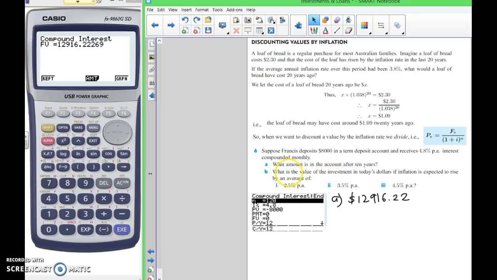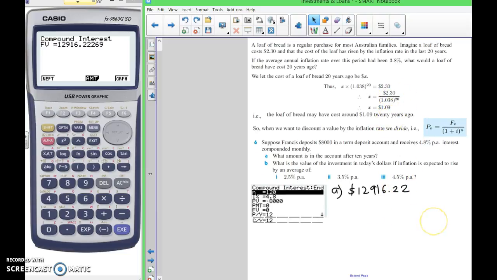Now we're going to investigate what is the value of the investment in today's dollars if inflation is expected to rise by an average of, we can try 2.5%, 3.5%, 4.5%, much like the example that we have above. We're going to investigate the one with 2.5% first.